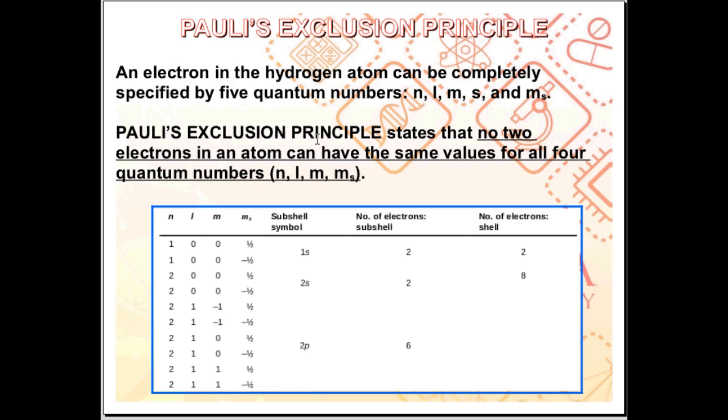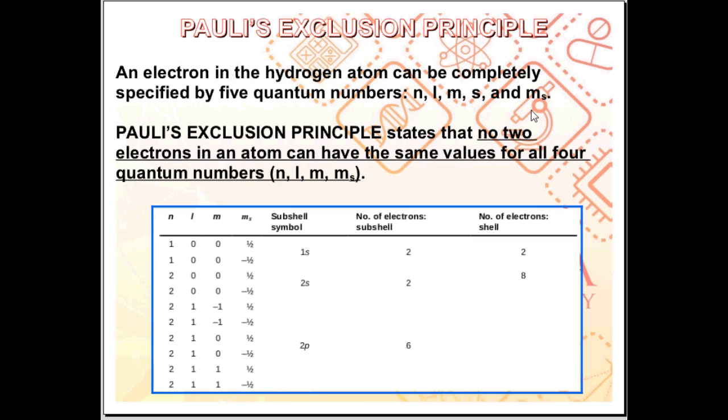And the 5 quantum numbers we have covered so far are n, l, m, s, and ms. So an electron in an atom, or in this case the hydrogen atom, may be identified using the combination of these quantum numbers.